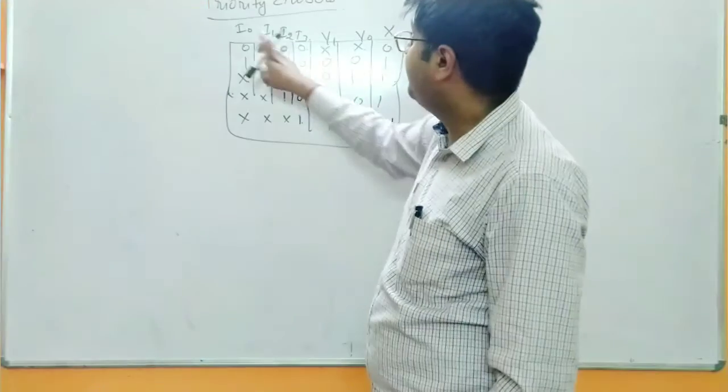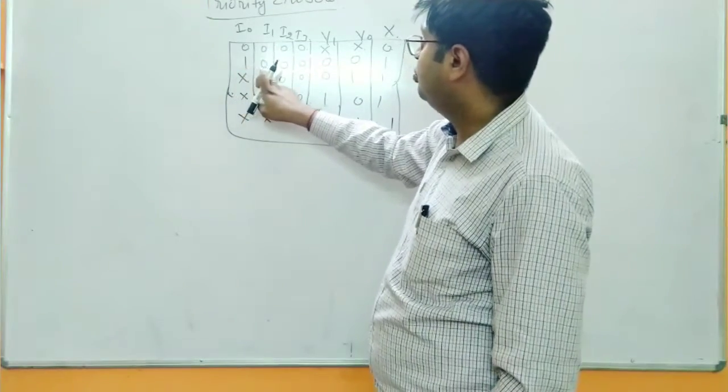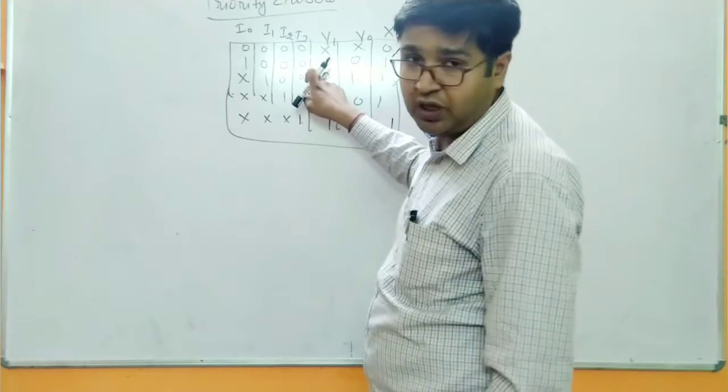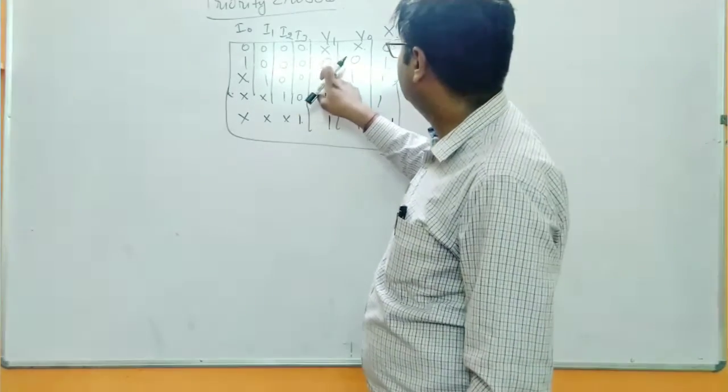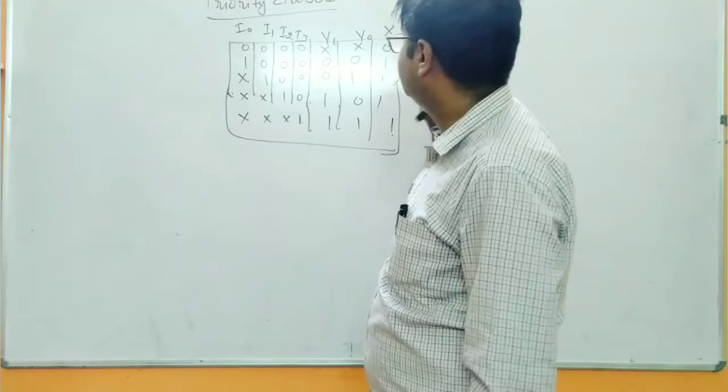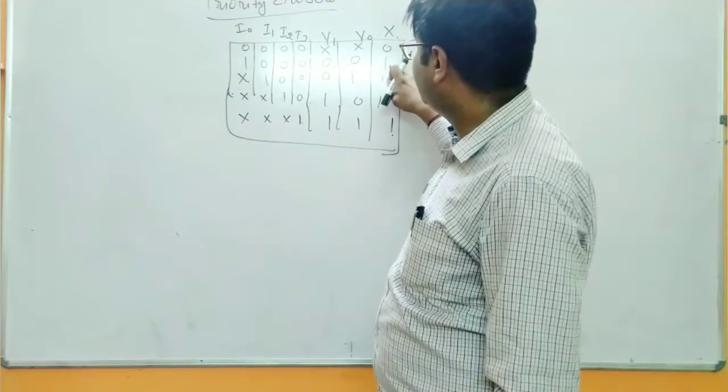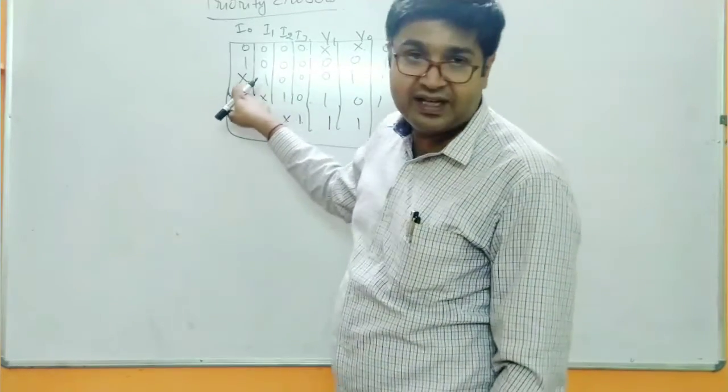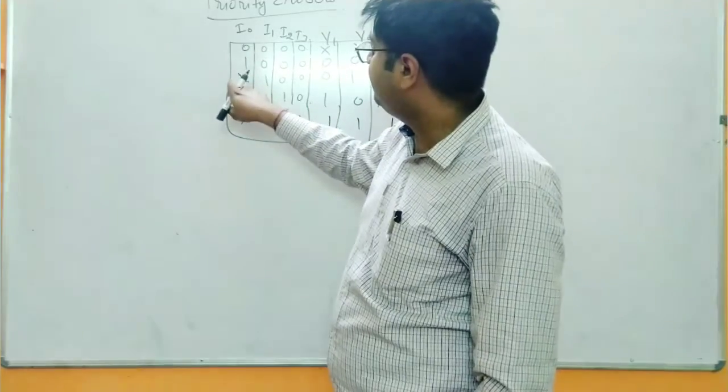Now the next time when I0 is 1 and the others are 0, then this X becomes 1. Now this X will be prioritized and it will be given to I0.